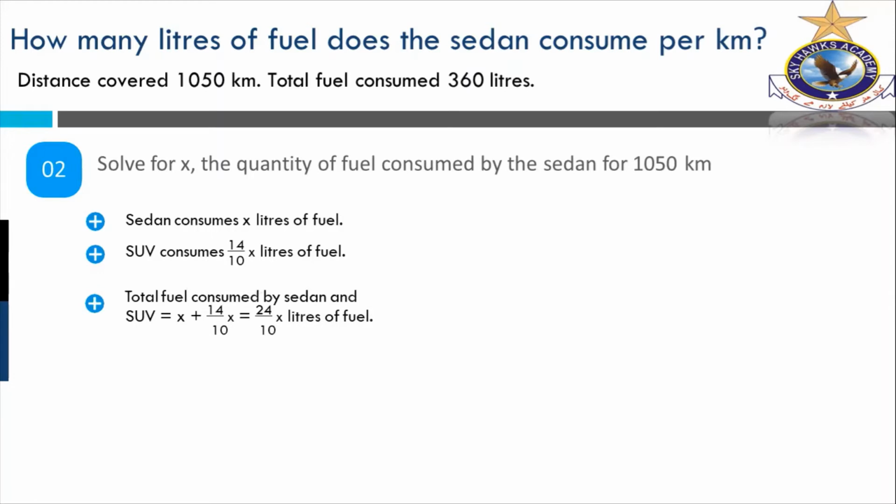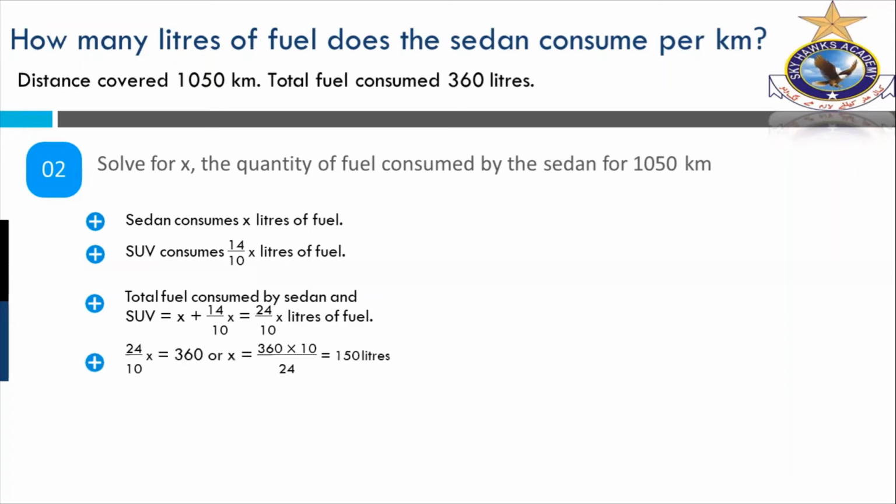The next one: total fuel consumed by the sedan and SUV is x plus 14 over 10 x, which equals 24 over 10 x liters of fuel. This is the summation of the first two points, putting them into mathematical form, that both are consuming this much.